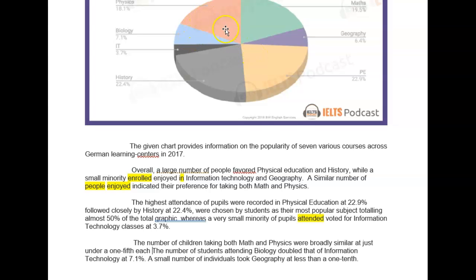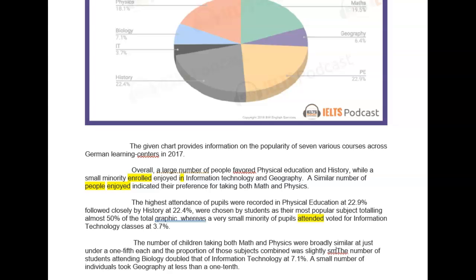So the proportion, and the proportion of those subjects combined equaled or was slightly smaller than. So I'm comparing here the total for history and what's the other one, PE.